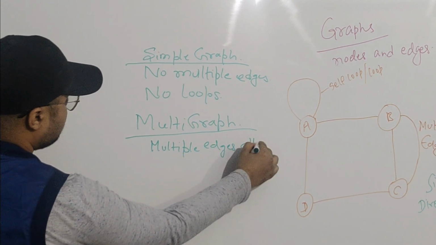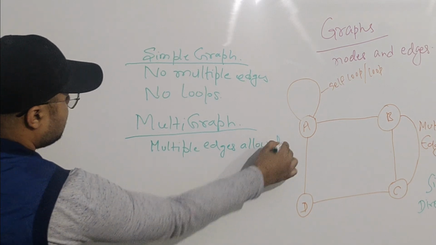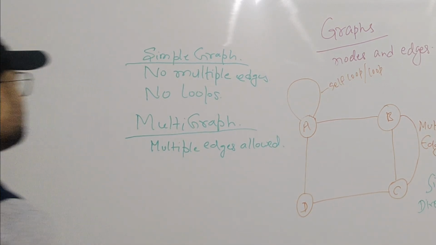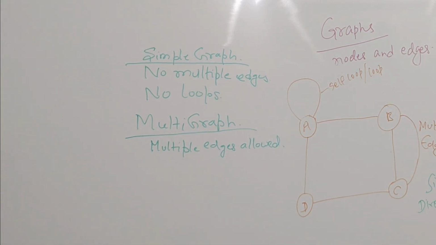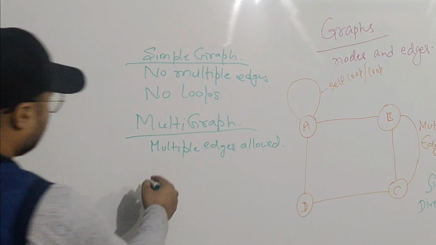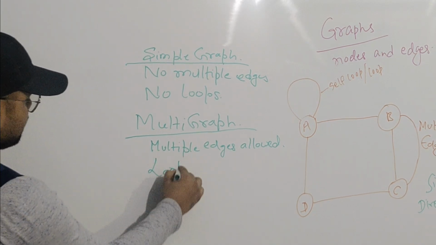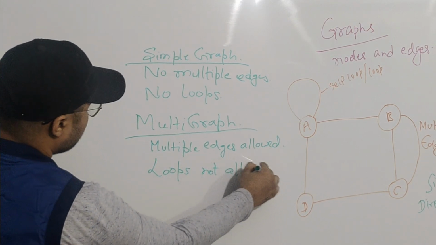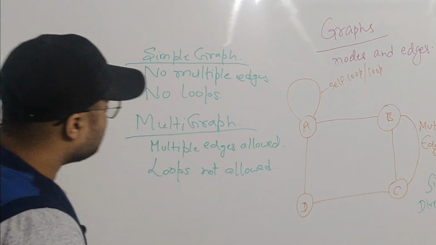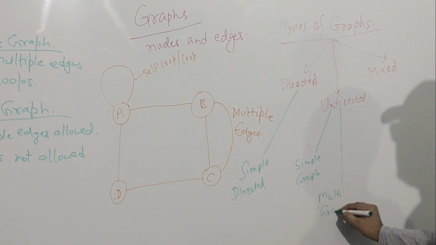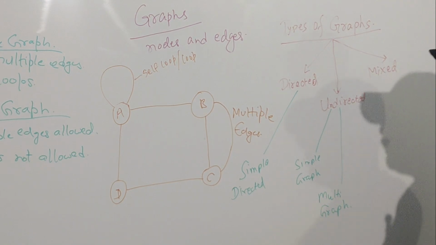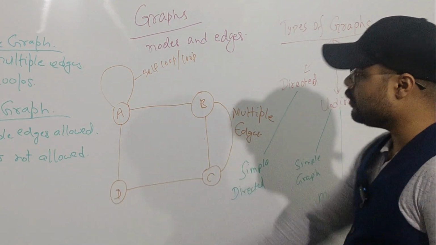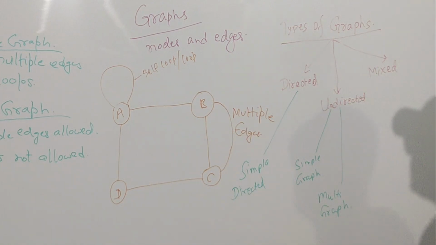Multiple edges allowed and loops are not allowed. Then that is an undirected multigraph.